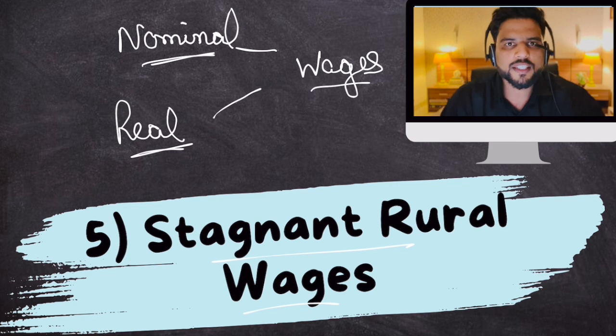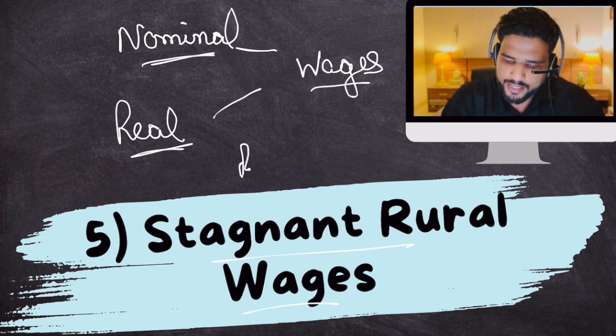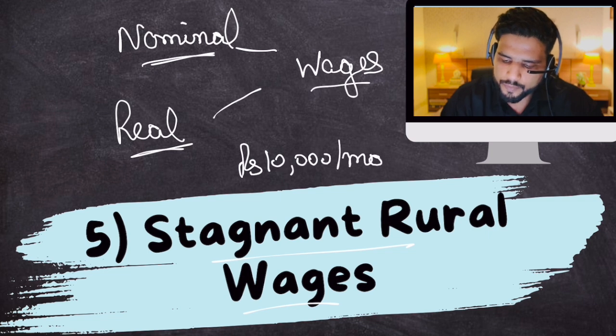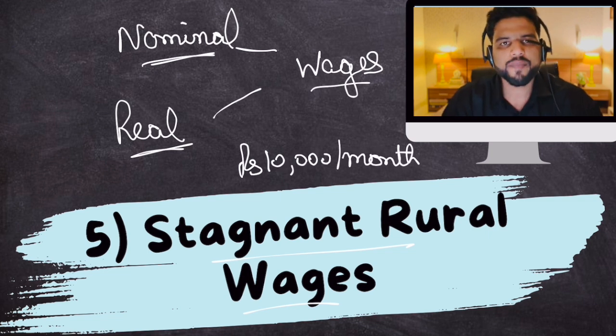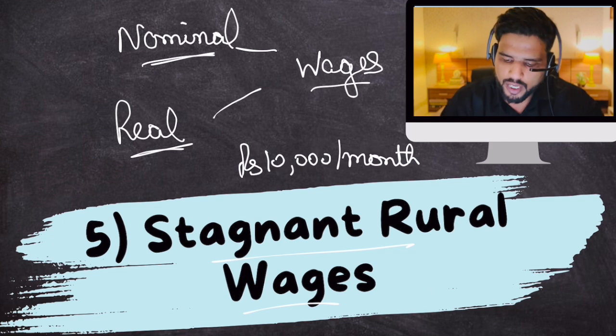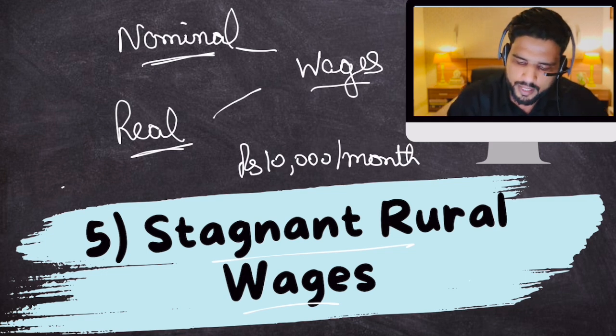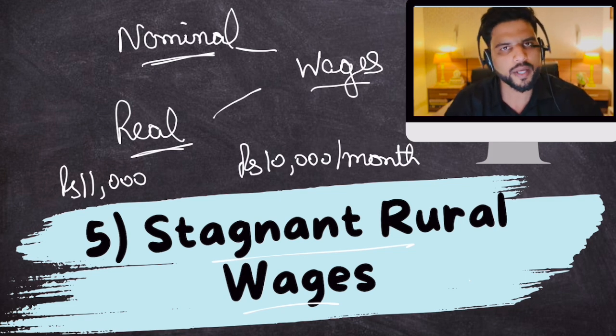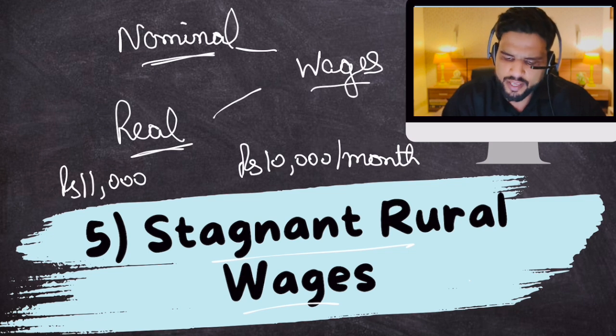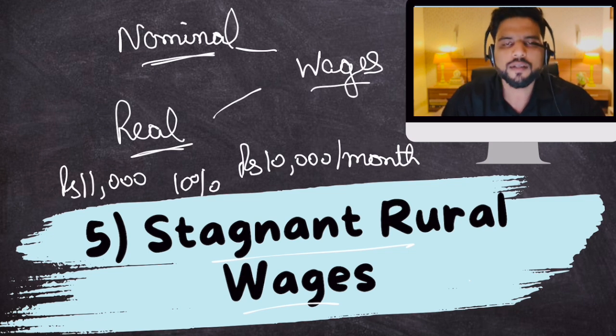So let's suppose you receive 10,000 rupees per month. And from next month onwards, you started receiving, well, 11,000 rupees per month. So we can say that your wages have increased by 10% in nominal terms.